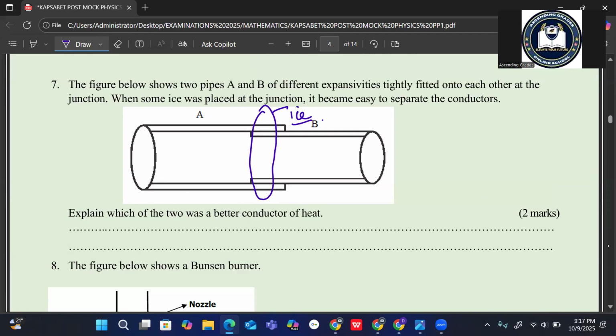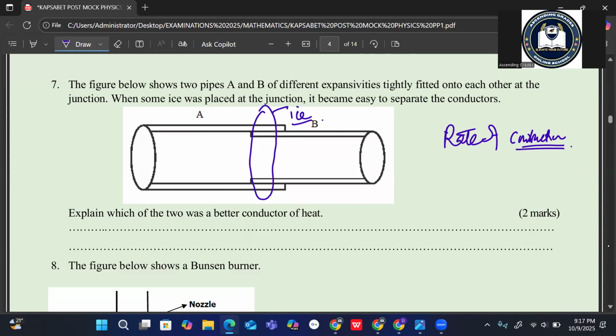Now in this case, for the good thermal conductor, we are looking at the rate of contracting. That is what we are considering.